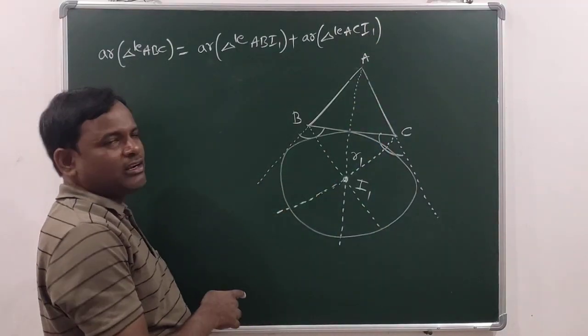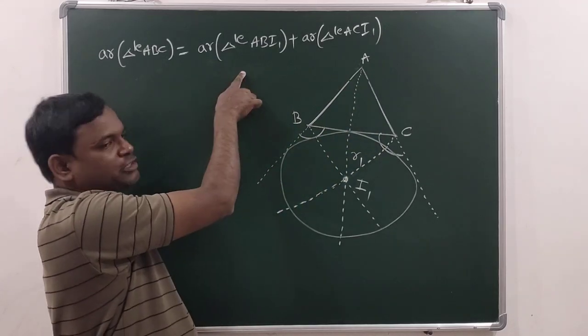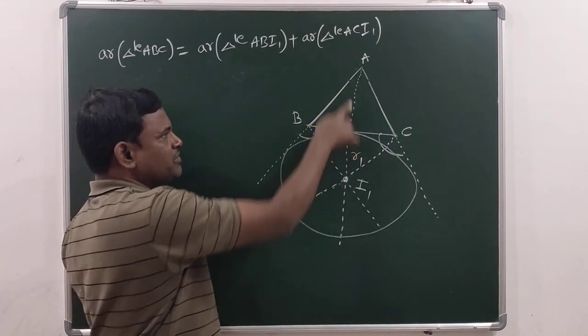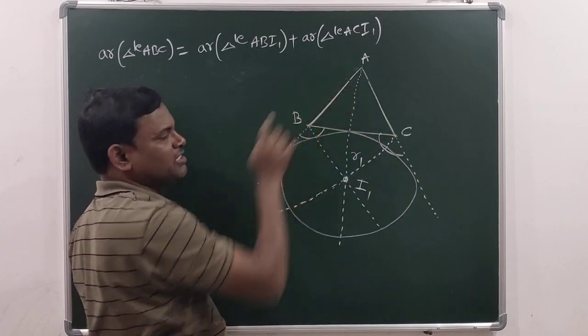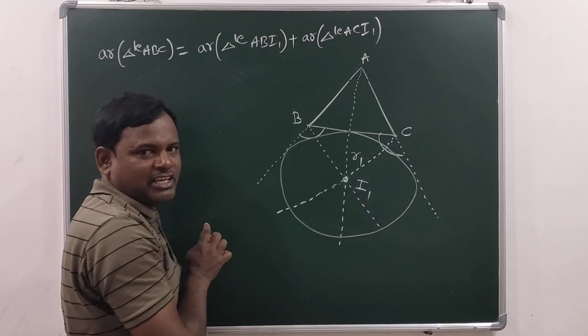Now what did I do here? Area of the triangle ABC is equal to the sum of the areas of this triangle and this triangle.